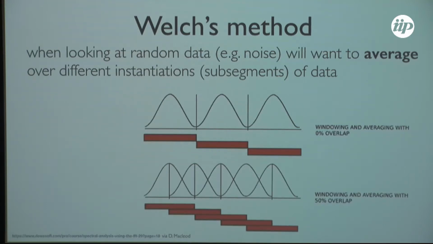Then we average all of these, and that will give us an average of the Fourier transform over this time. It assumes that the properties of the noise don't change with time, so it's stationary. So the properties of noise here should be the same as here, and so I can just average and get rid of these sampling fluctuations. Is this very confusing? Well, we'll see an example of this.